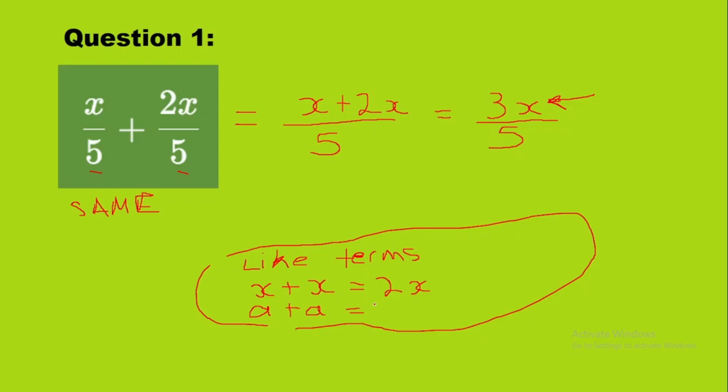You just say that you have two apples. So this is what I mean about like terms. They must have the same letter in order to be like terms. So x plus 2x will be equal to 3x. This is the final answer for this fraction: same denominator, so put back the 5, and we have x plus 2x. They are like terms, so we have 3x.